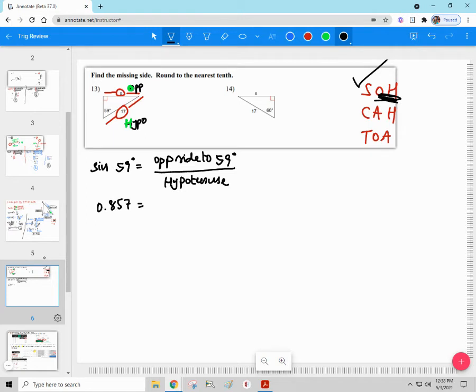What is opposite to 59? Already we labeled this one as x. And what is the hypotenuse? This one is 17. Now you know how to isolate x. Multiply by 17 on both sides. Then these two get cancelled. You get that x equals 17 times 0.857. The answer is 14.57.